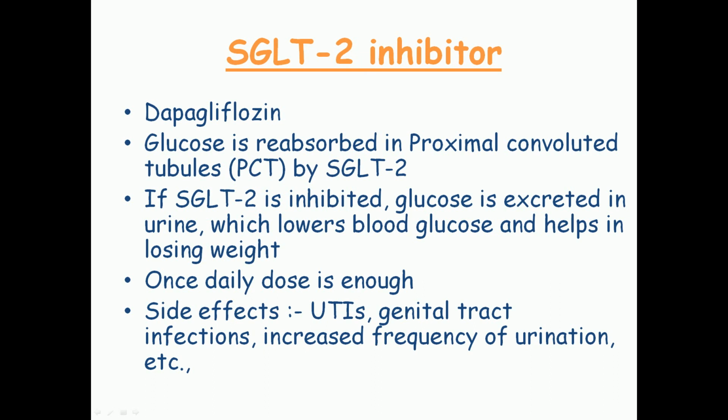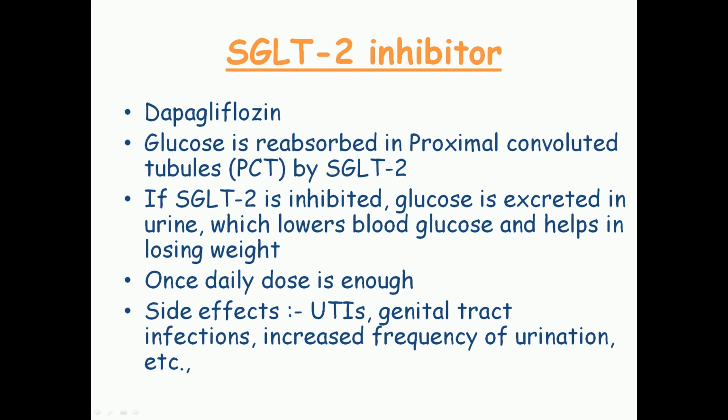If it is inhibited by this drug, the glucose cannot be reabsorbed in the proximal convoluted tubules, so it is excreted in the urine, which lowers blood glucose, and it also helps in losing weight. Once daily dosing of SGLT2 inhibitor is enough.